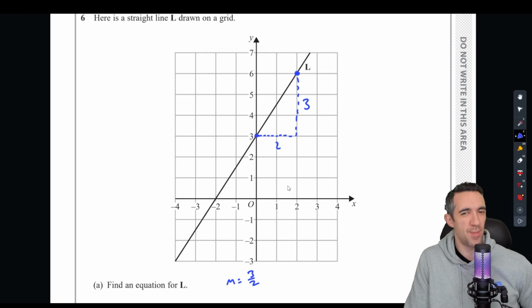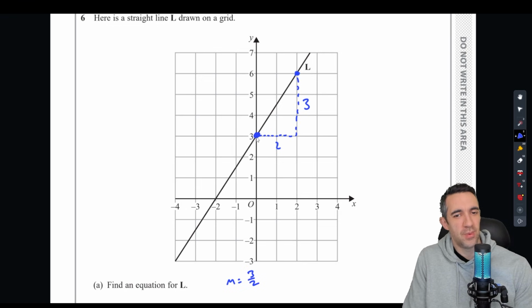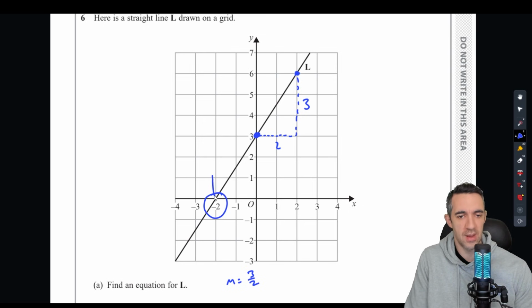I think there's definitely 1 mark for that. I don't think it would be 2 though. I think I've got to make some attempt at putting in the equation. Now, obviously my y-intercept is 3. So that would be my correct answer, but what could I get as an error that's going to get me 2 marks? I think if I wrote down my equation as 3 over 2x, but I put minus 2, that would be a potential error that wouldn't be too bad.